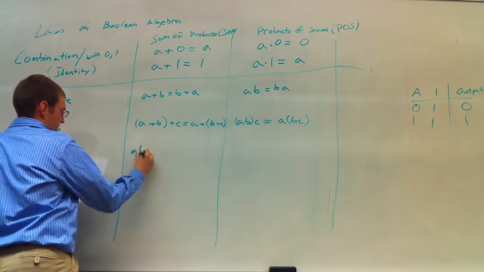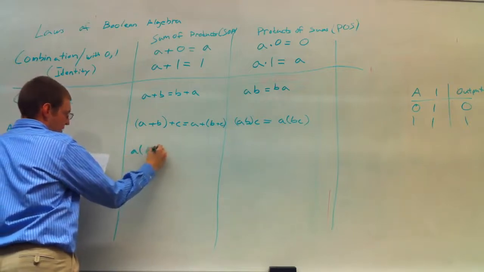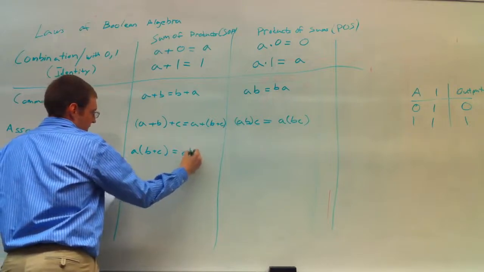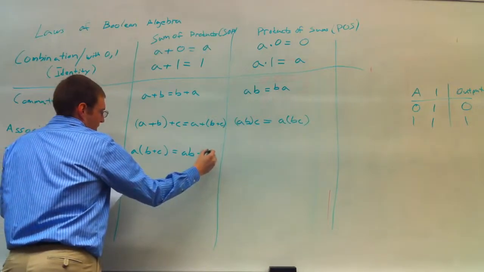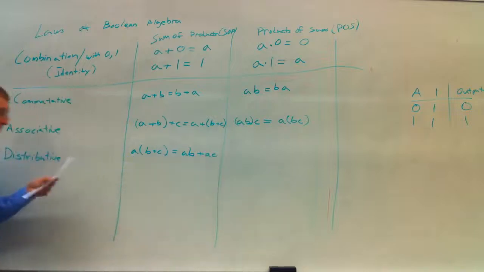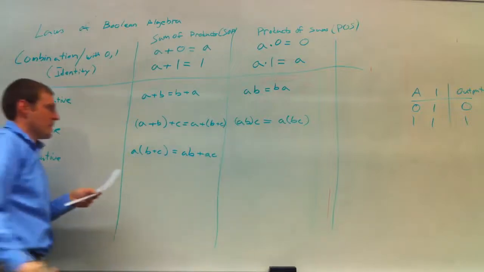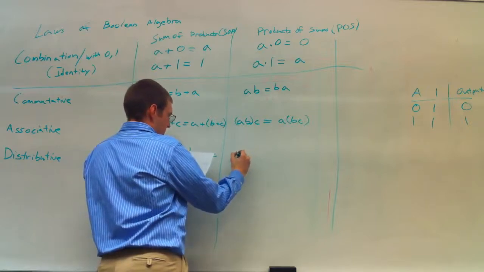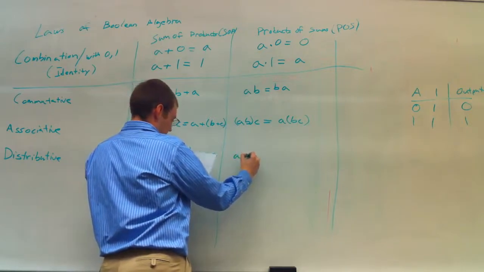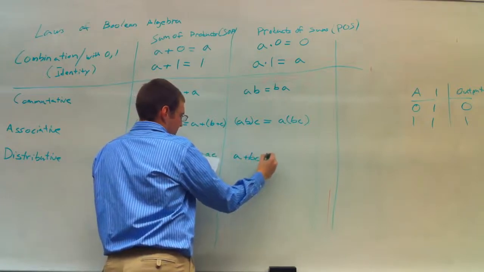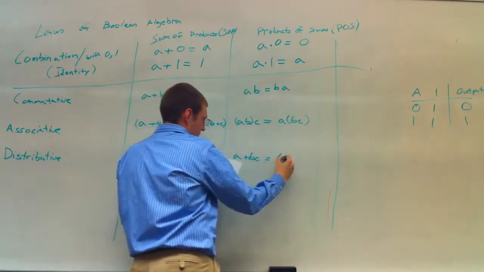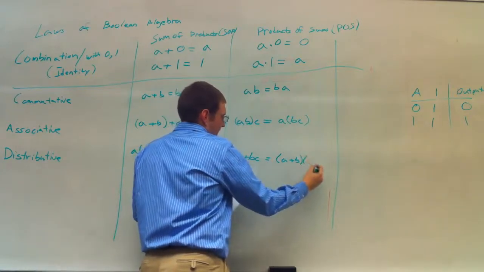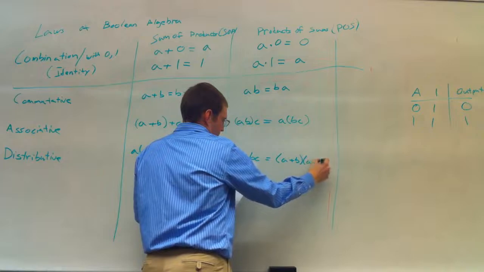So we have A and (B or C) equals (A and B) or (A and C). Then we can have A or (B and C), which equals (A or B) and (A or C).